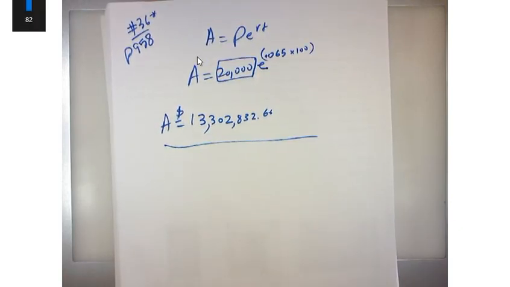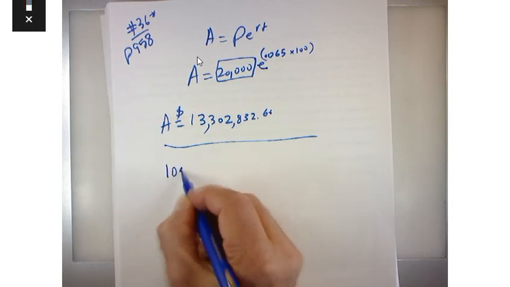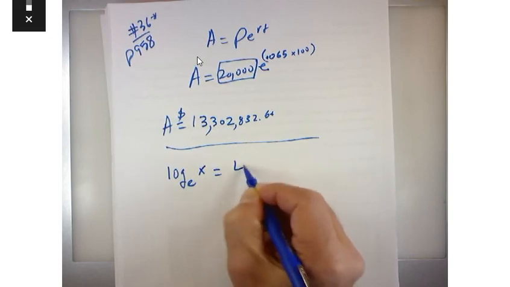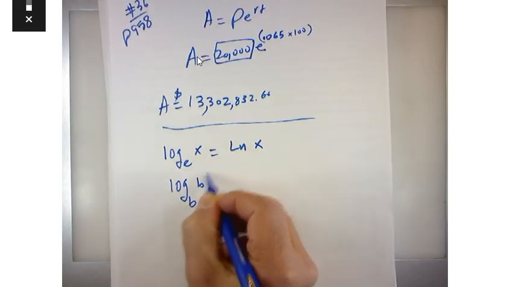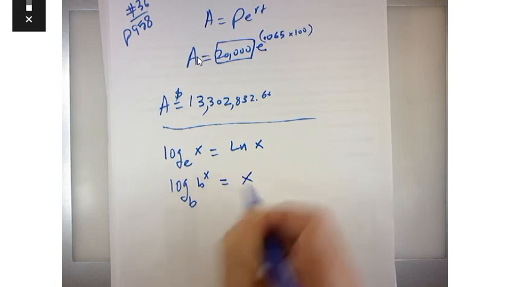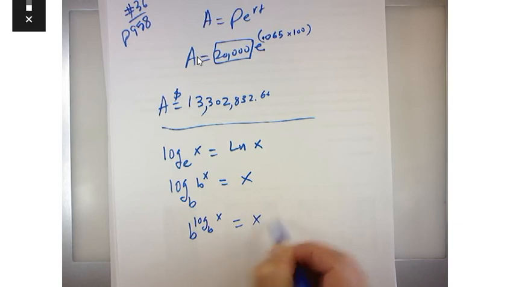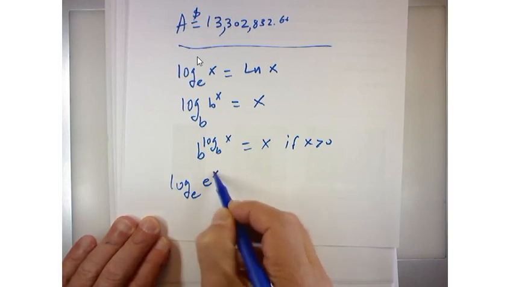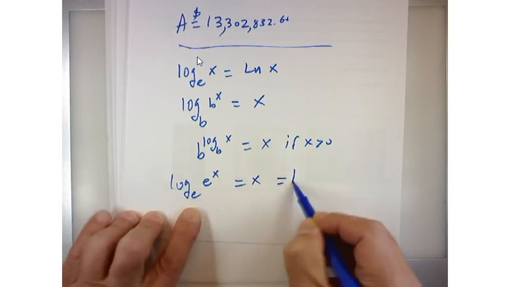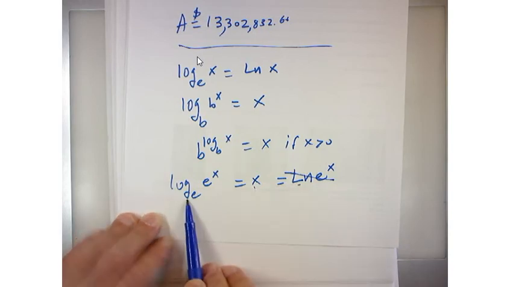All right. So we know that log base e of x is ln of x. And we also know that if the bases are the same, we get x. If it was b to the log base b of x, it's also x if x is positive. So if you use e for the base, like log base e of e to the x, it's x, which means ln of e to the x is x, because ln is log base e.